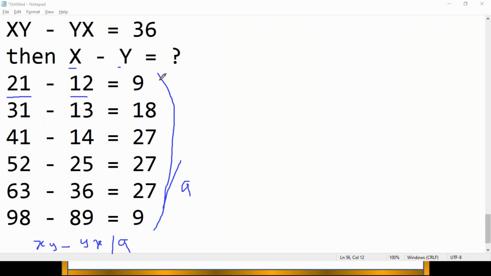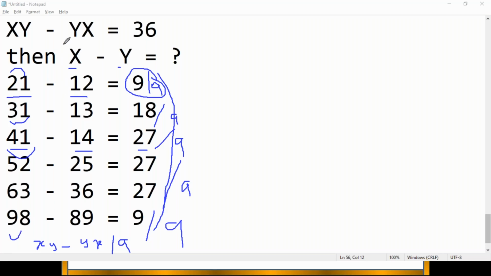Whenever 21 minus 12 is 9, 2 minus 1 is 9 by 9. 31 minus 13 is 18, so 3 minus 1 is 18 by 9. 41 minus 14 is 27, so 4 minus 1 is 27 by 9. 98 minus 89 is 9, so 9 minus 8 is 9 by 9.